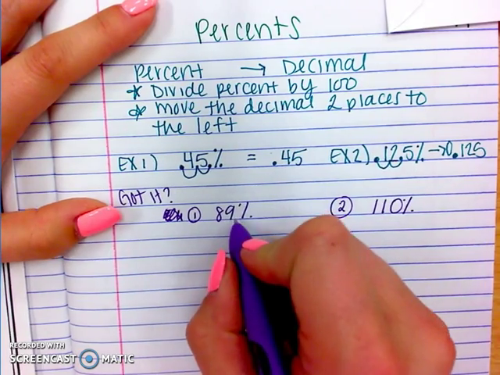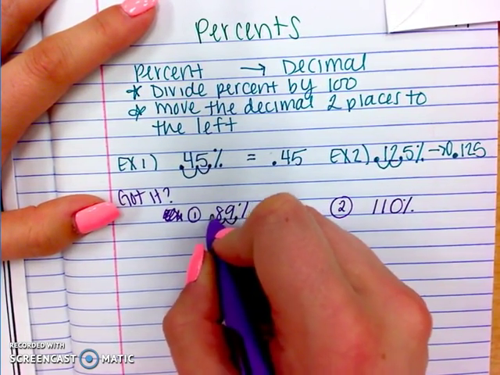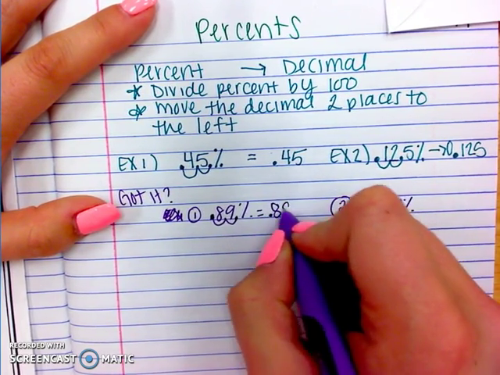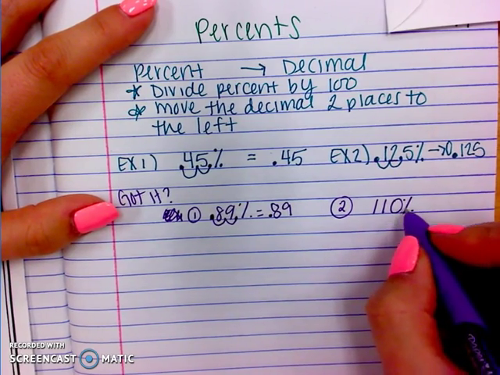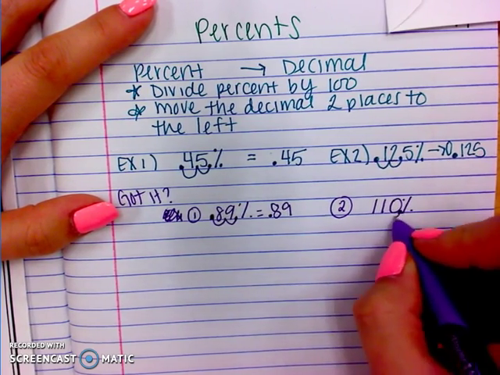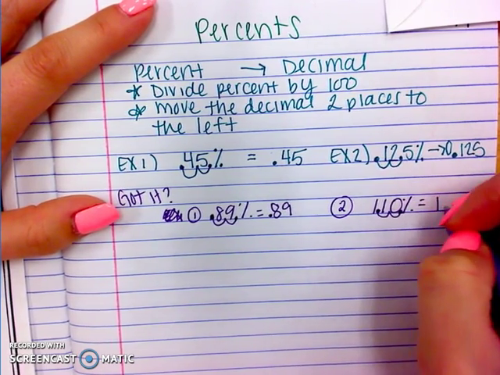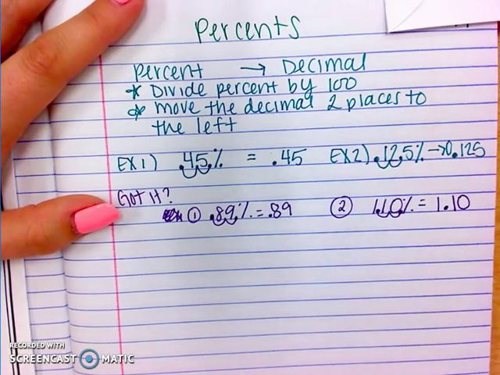Okay, so my decimal, if there's none visible, is behind the last number. So I'm swooping 1, 2. There's my spot. So this is equal to 0.89. 110. It is behind the last number. I'm swooping 1, 2 places. So that means my decimal is 1.10, or just 1.1 is fine also.